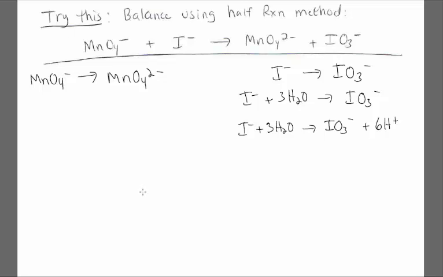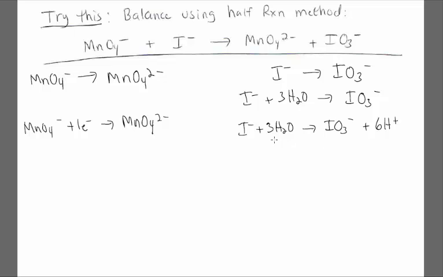Now we need to balance charges using electrons. On the manganese side, we have 2 minus on this side, 1 minus on this side, so we need an extra electron on the left. Now it's 2 minus on both sides.